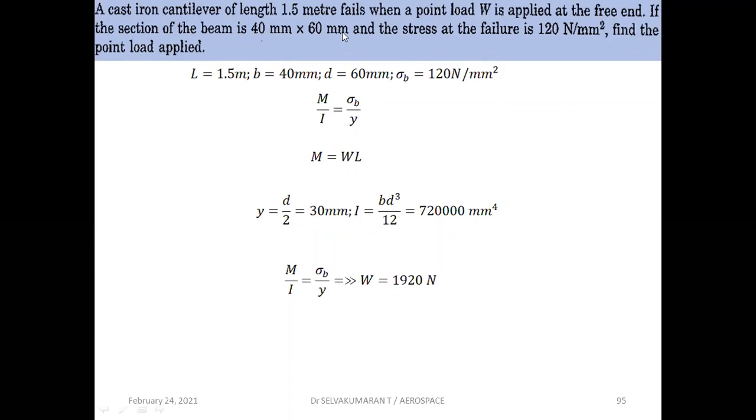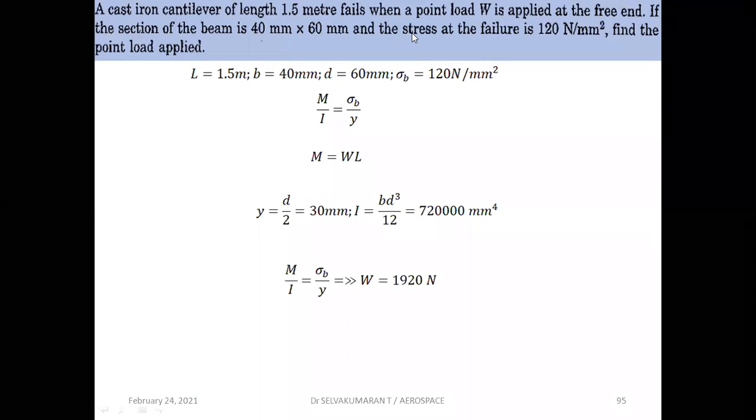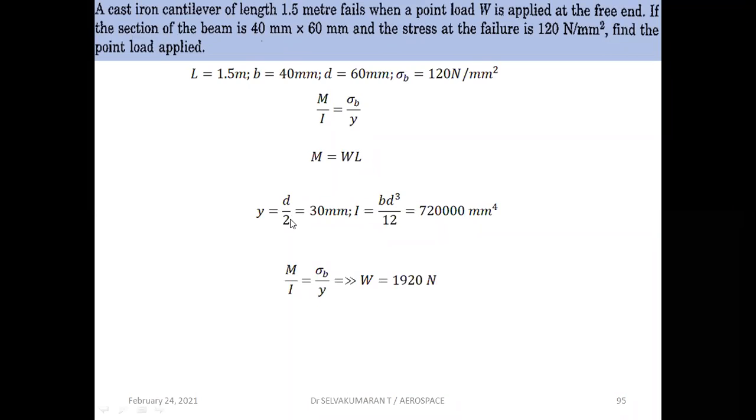This is a cantilever beam subject to point load at the tip. W into L is the maximum bending moment. Y is d by 2, 60 by 2, that is 30 millimeter, and I is equal to BD cube by 12, 720000 mm power 4. So M in terms of W into L, capital letter W, you are getting the value to be 1920 Newton.